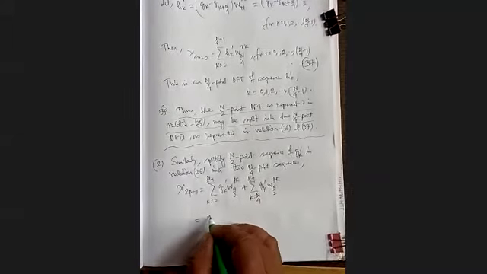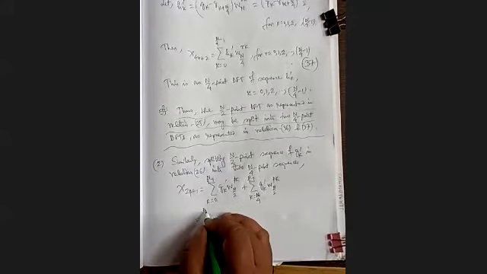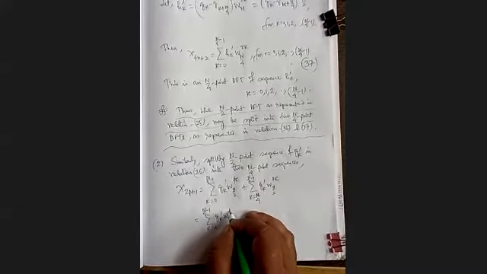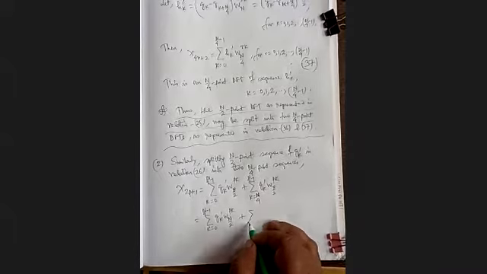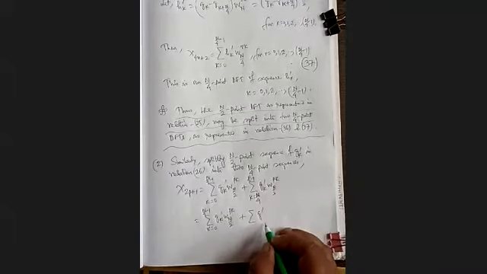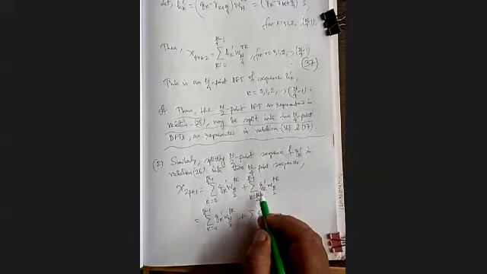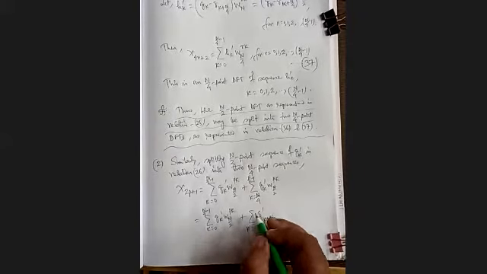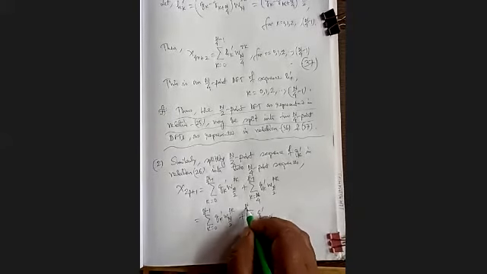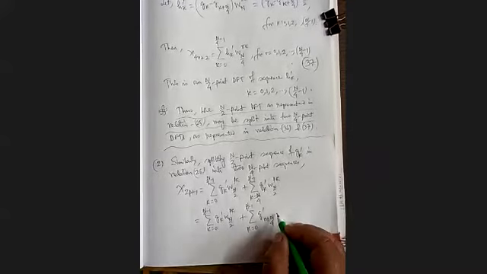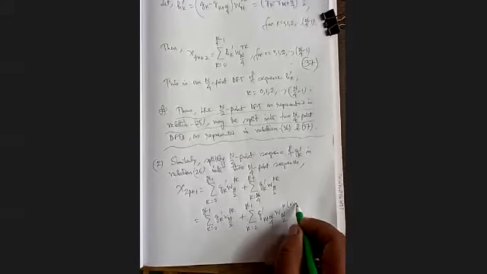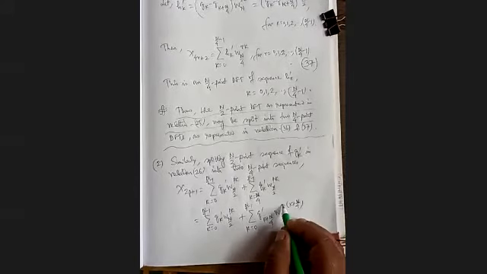Equal to, first part is same, a change in the second part. Here we will write gk plus n by 4. The starting value is g dash n by 4, so k should start from 0 to n by 4 minus 1. W n by 2 p, k will be replaced by k plus n by 4. Already discussed in the previous class also. This is what we are getting.